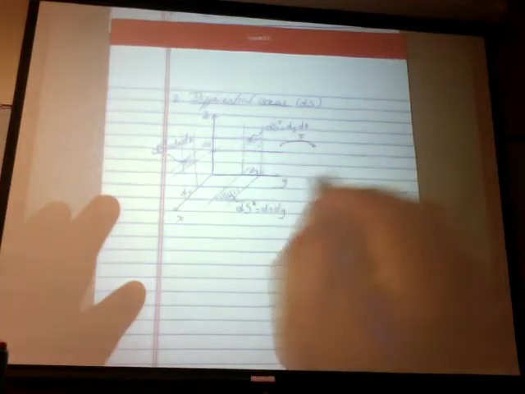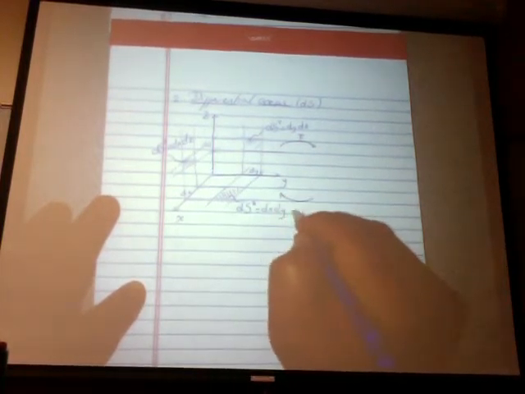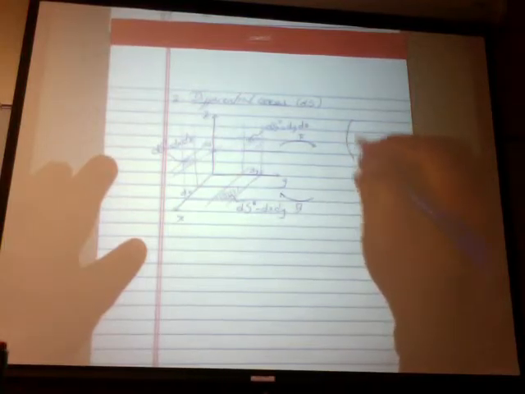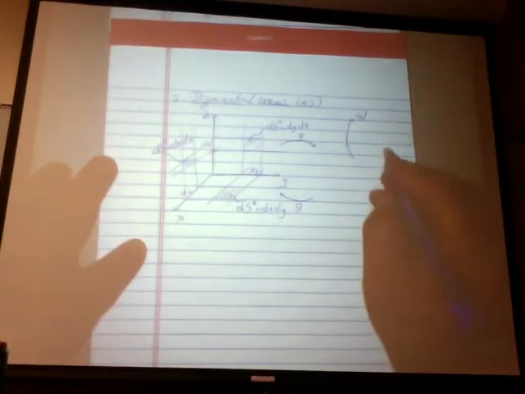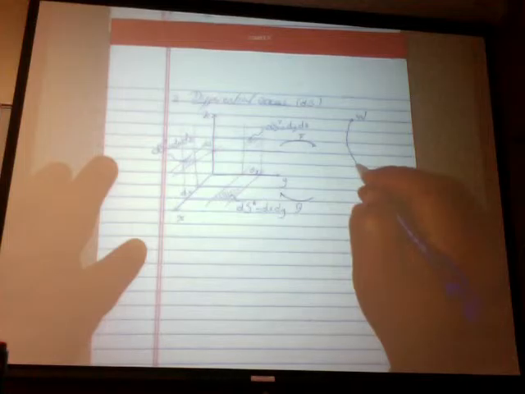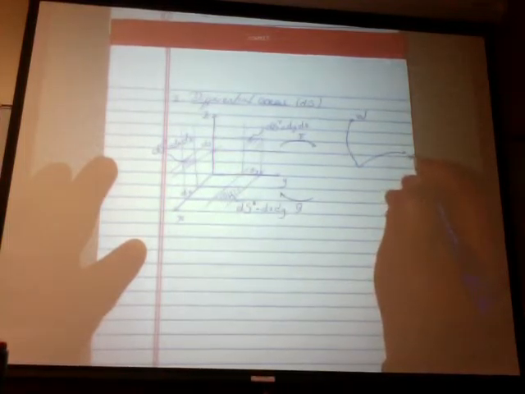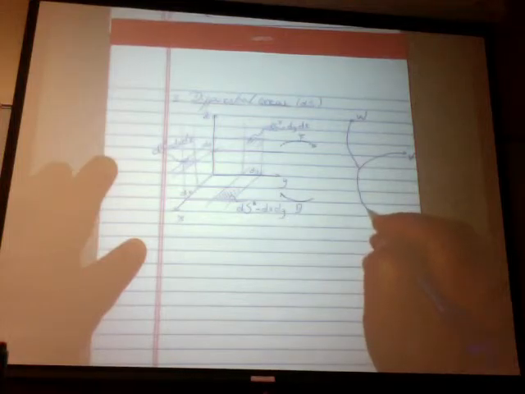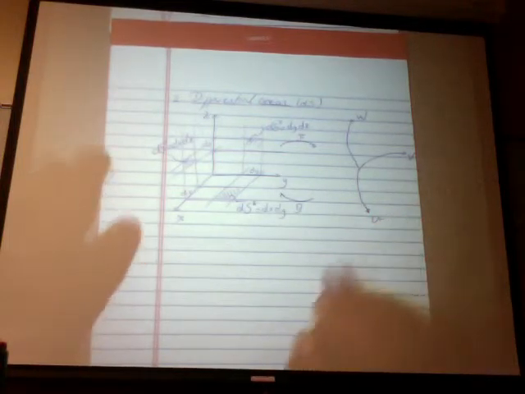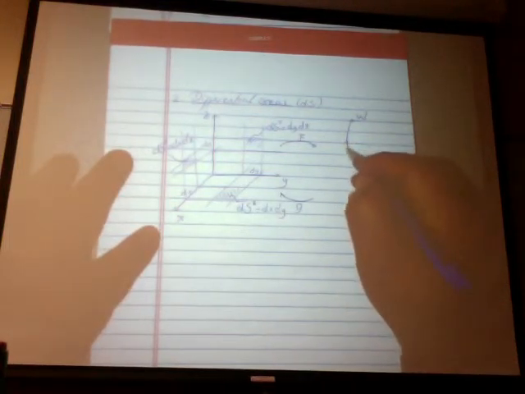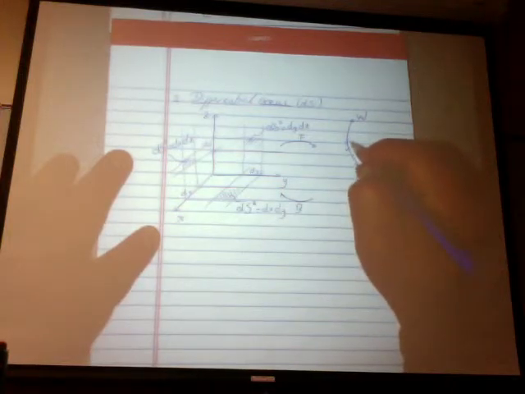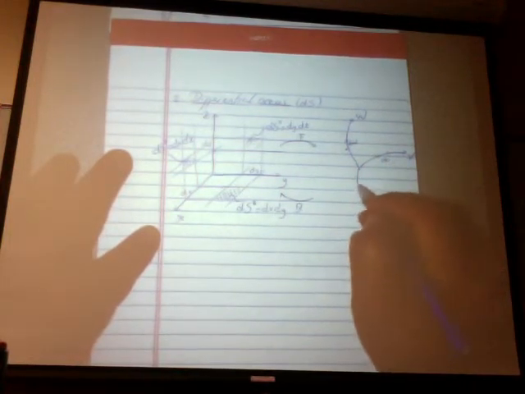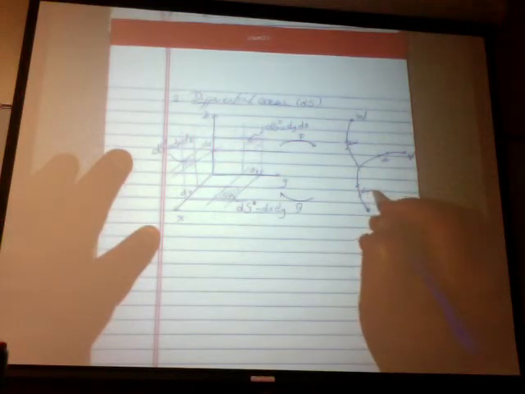There's a forward transformation and there's a backward transformation. And let's say now that this is W, this is V, and this is U. This is dW, this is dV, and this is dU.